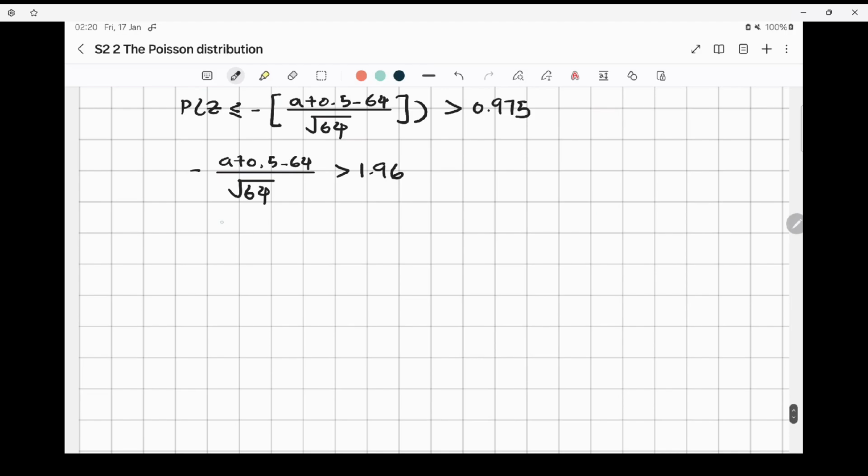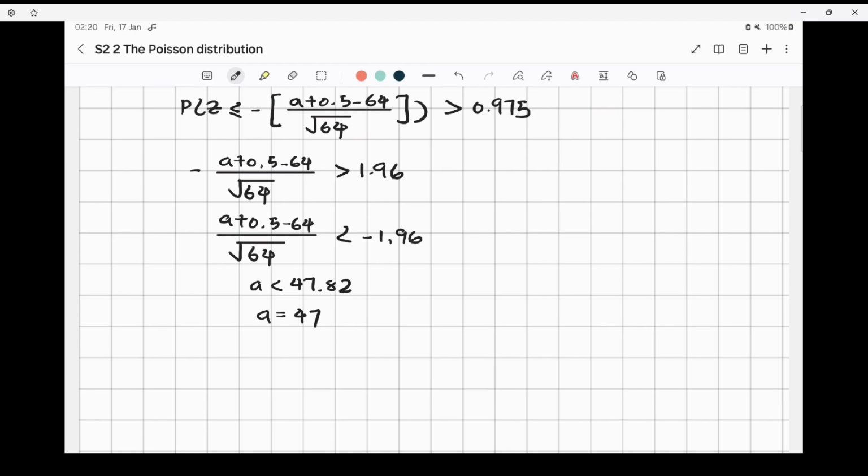So then a plus 0.5 minus 64 divided by the square root of 64 has to be smaller than minus 1.96. So calculate everything. A has to be smaller than 47.82, so A is 47. So these are your critical values.